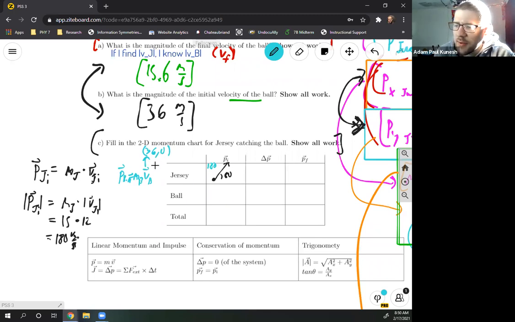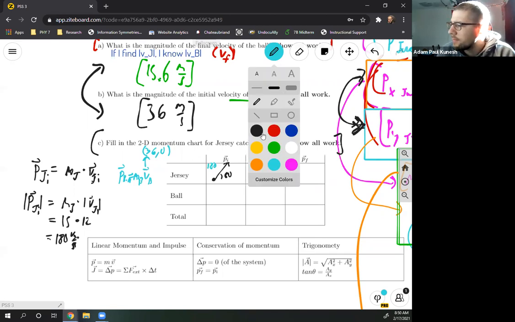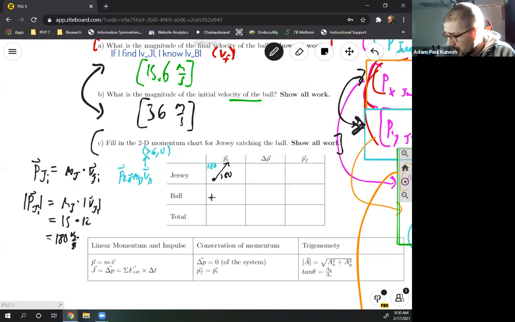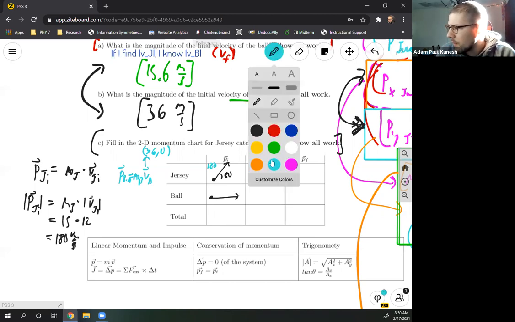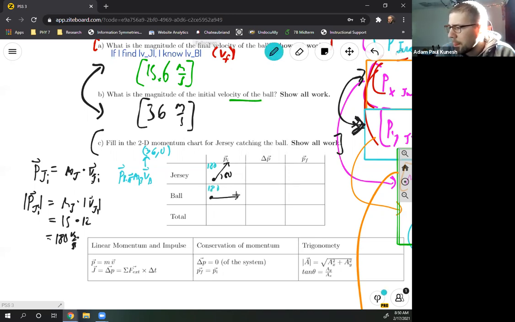So the momentum of the ball is going to be given by 5 times 36, the magnitude of which is also 180. Whoa, that's crazy, man. Okay, so it's also 180 and it's pointing to the right. Sweet. So these two vectors should have the exact same length.